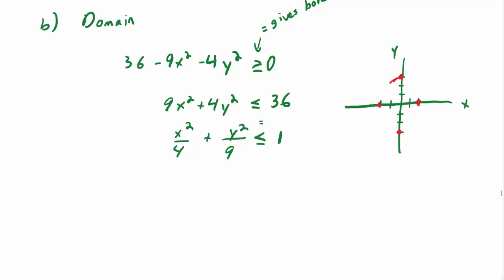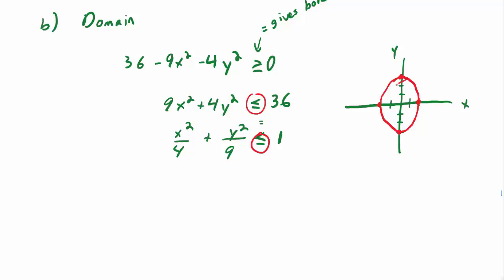And then remember, when you're solving these kinds of inequalities, you shade on one side or the other, because this border breaks up the xy plane into 2 regions: the region inside the ellipse and the region outside the ellipse. But because it's less than, when we rewrote it, which region is going to satisfy it?